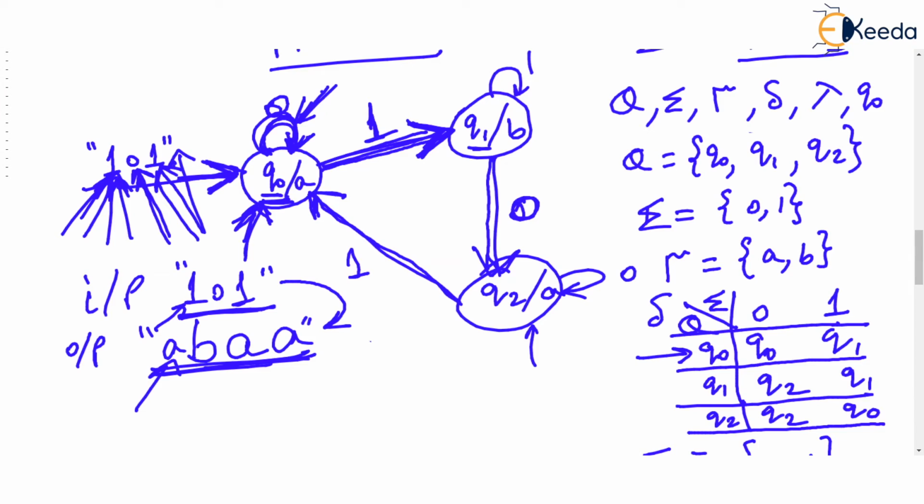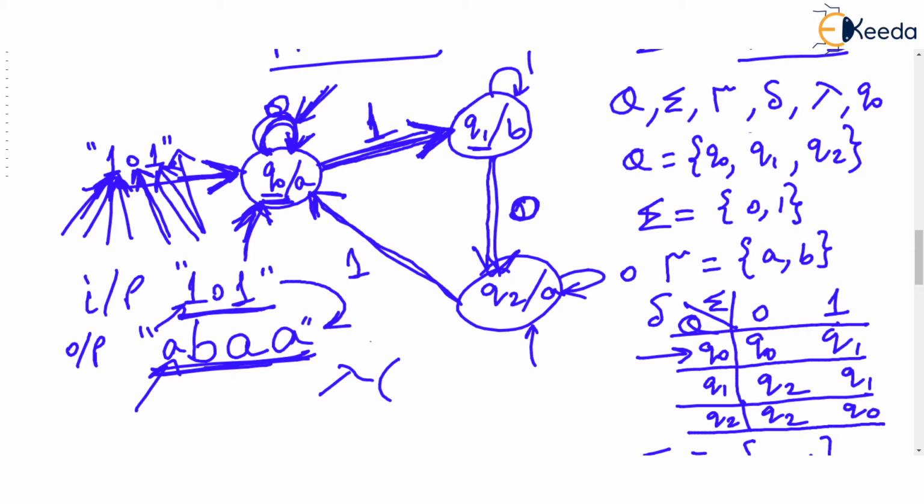Okay. Now, what is lambda over here? Lambda is the output function, I said, isn't it? Lambda is easily drawn like this. We will say lambda is defined as follows.